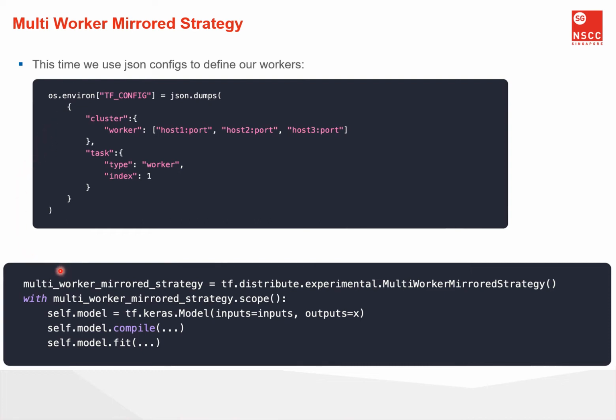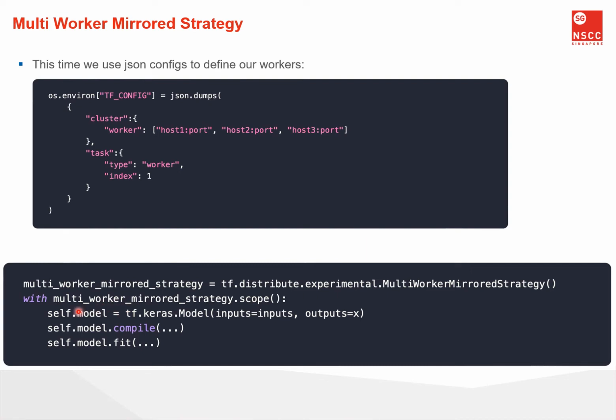Now, when we are going to use it, it's very similar to the previous mirrored strategy. In this case, we use the distribute MultiWorkerMirroredStrategy instead of MirroredStrategy. Once we have created it, again, we use the scope to define where the tasks will be spread to.